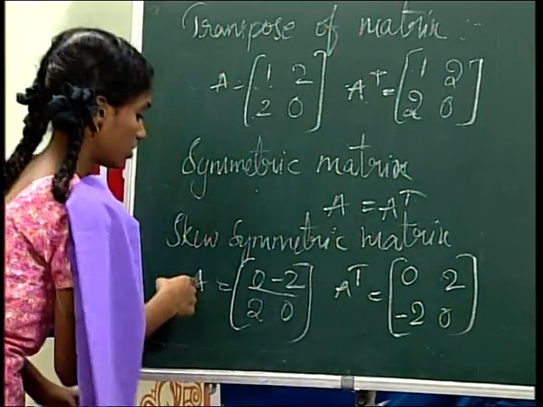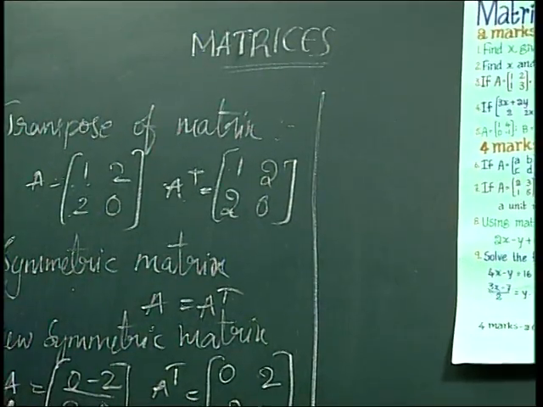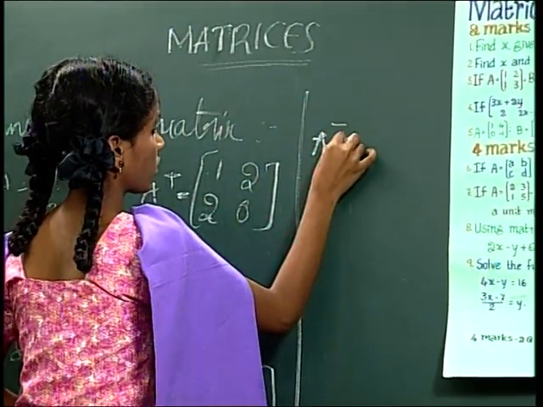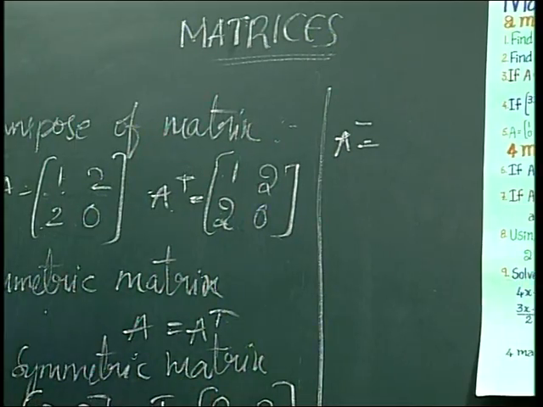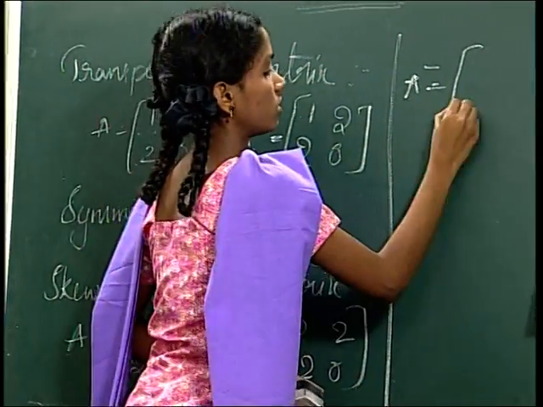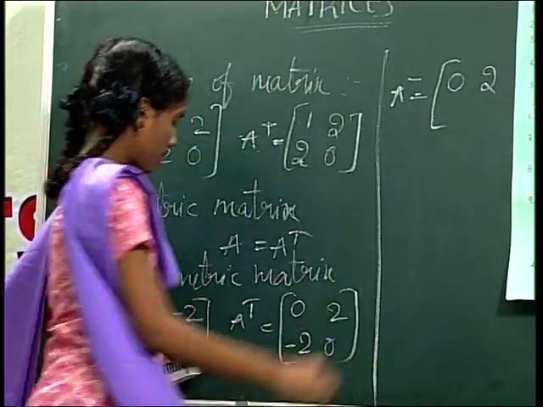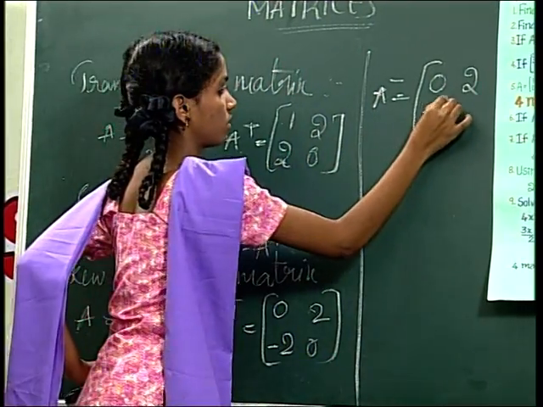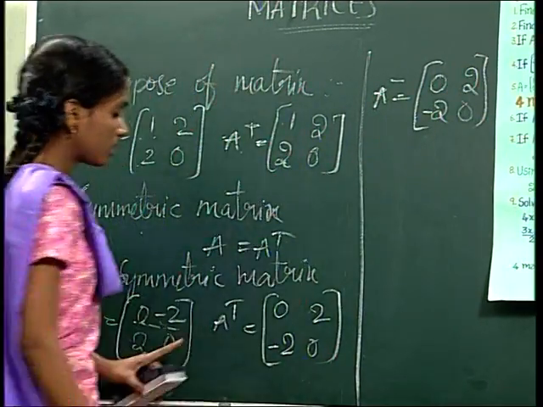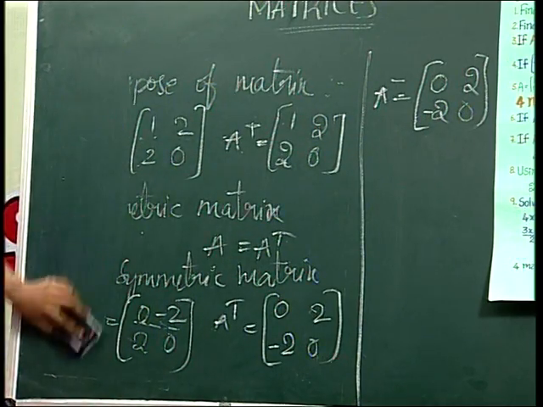This is A transpose. Now we find the additive inverse of A, in which the signs must be changed. Minus 2 becomes plus 2, plus 2 becomes minus 2, and 0. See here, A transpose and the additive inverse are equal. So, it is a skew symmetric matrix.